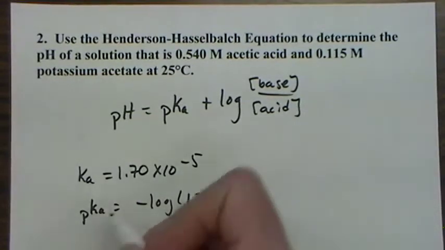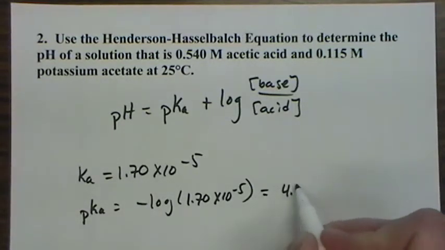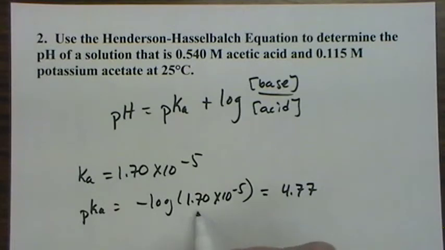We like to have these pKa's, we have pKb's, where we use the negative log, because then we end up with a nice simple number rather than a very small number like this. We end up with a number that's usually between 1 and 10, so it's a nice number to look at.